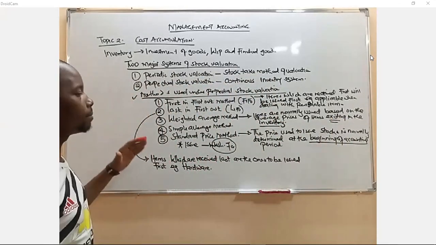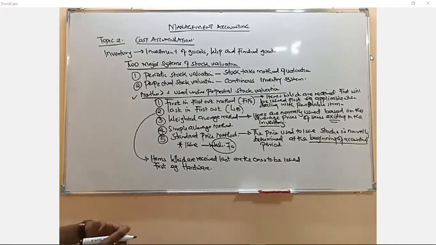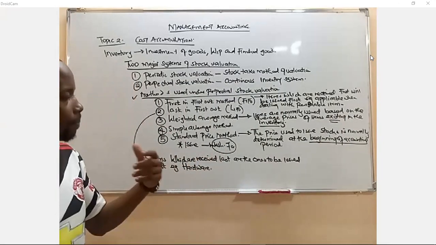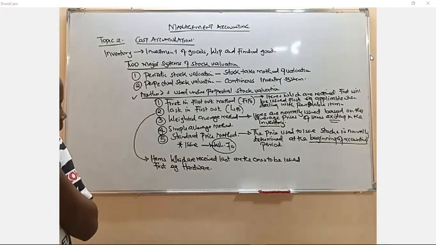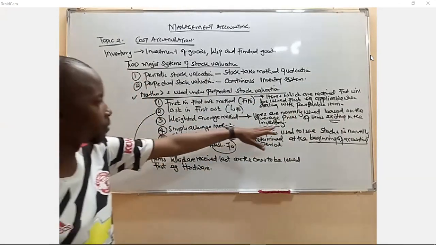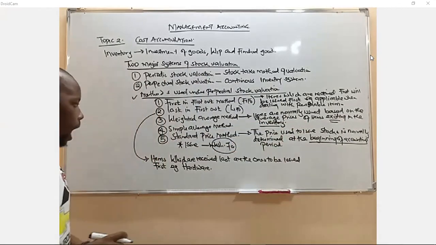Because every time we are purchasing or issuing a product, we have to update our balances. Whether I'm purchasing or issuing out, the balance books should also be updated. That is why we have to update every time we purchase or sell a commodity.